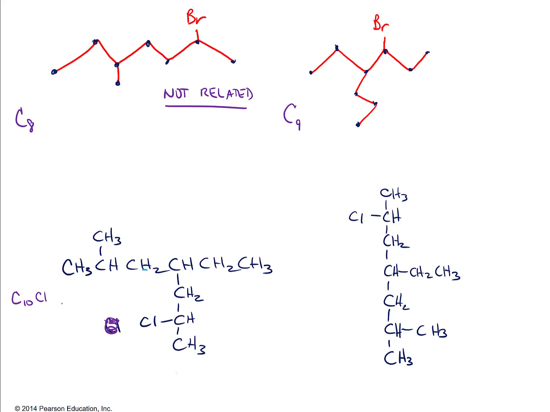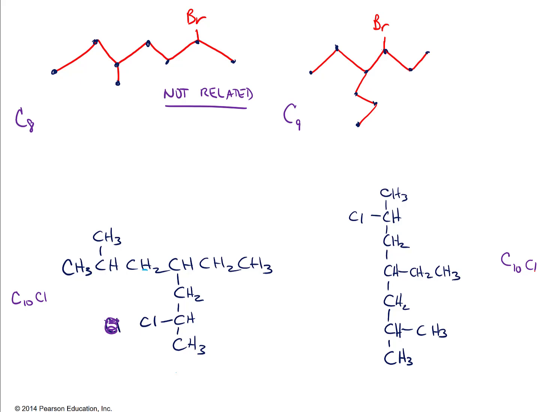And what about the other one? Can you see 10? And you see 1 chlorine? Okay, so now you know these are isomers of some sort, and they have 21 hydrogens. If the carbon numbers and any halogen numbers are the same, then it's an isomer.